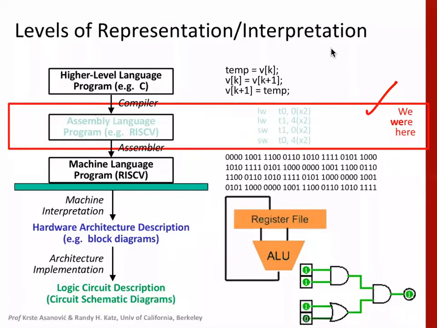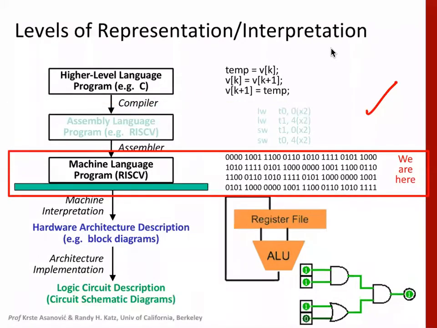We have looked at assembly language programs, and whatever we have not covered in the class, please cover by yourself. Now this is to be converted into machine instructions which the underlying hardware can understand. So we are now here.